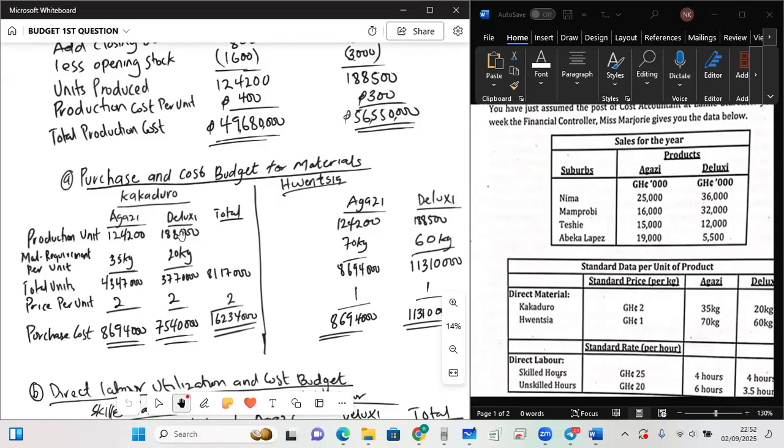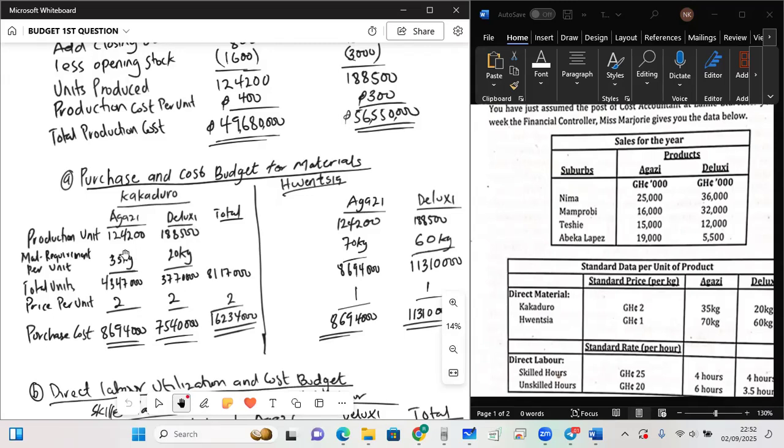And for the Luxy, the production unit is 188,500, and we need 20 kilogram to produce 1 unit. This is in reference to Kakadro. So we will need 35 kilogram of Kakadro to produce 1 Agazi, and 20 kilogram of Kakadro to produce the Luxy.